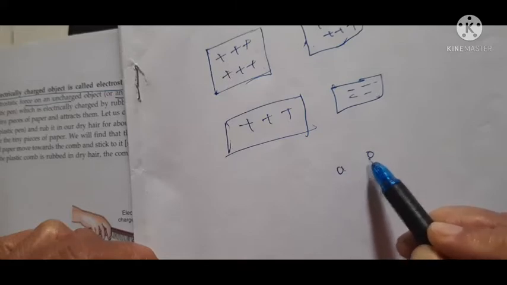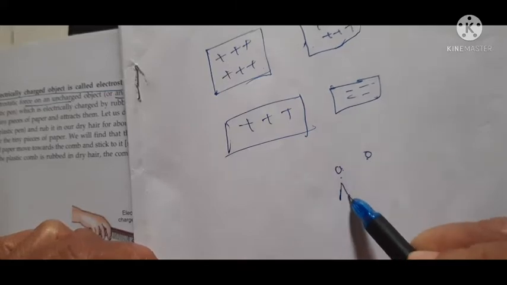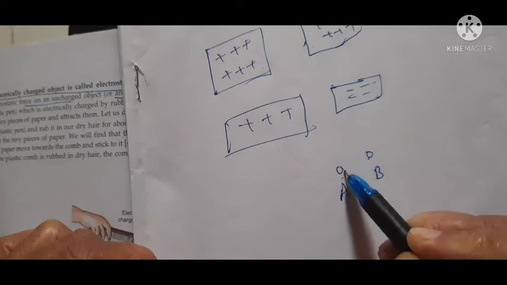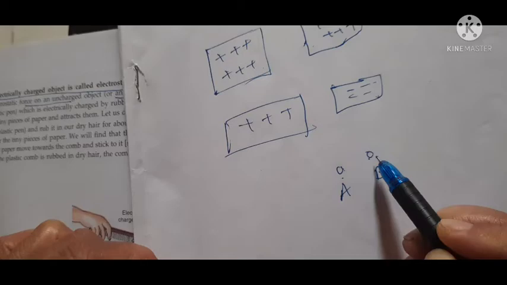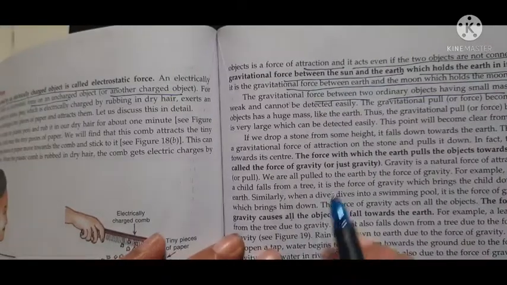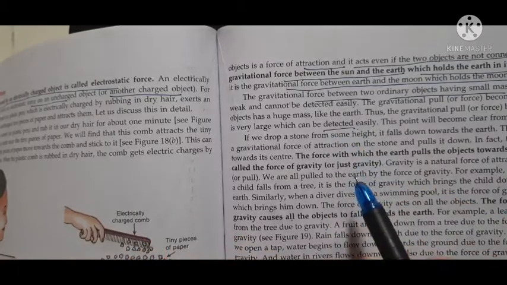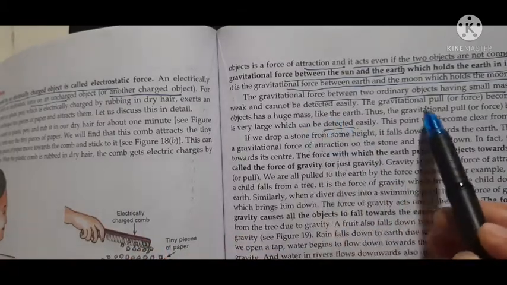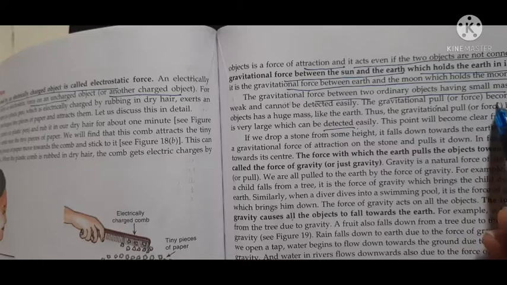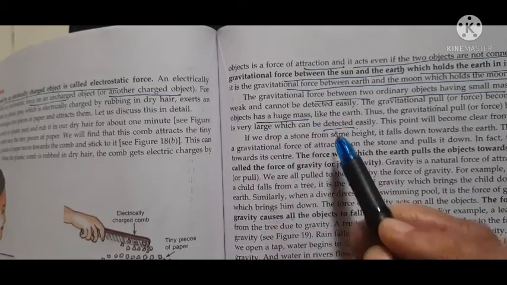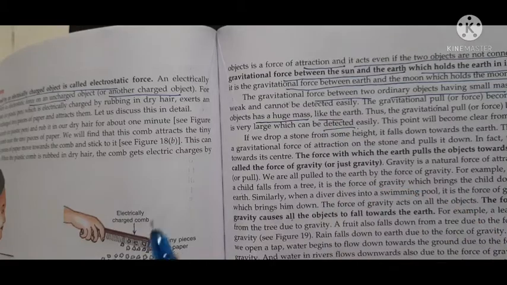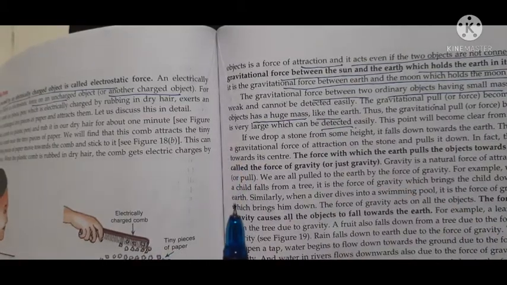So stone A is attracting stone B. Stone B is also attracting stone A, but since the size of the stones is so small, it is not detected easily. Understood? The gravitational pull becomes strong only if one of the objects has huge mass, like Earth. Understood? So only then can it be detected.